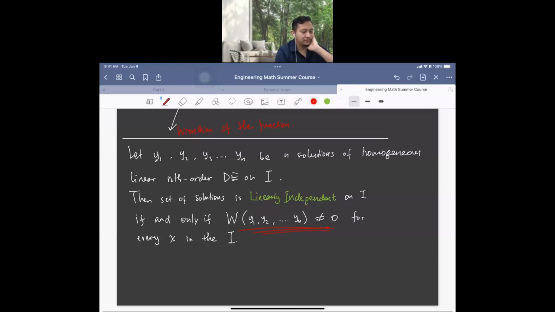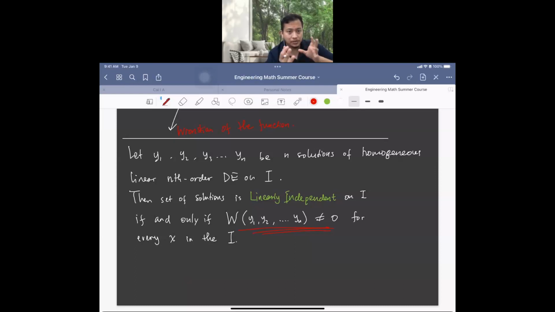So we need to show that the Wronskian, the determinant, is not equal to 0. So we can call that it's linearly dependent. Okay. So we haven't yet found the method to find exactly what kind of solution we have. We are just looking at some solutions and seeing what kind of restrictions these solutions have. Okay.